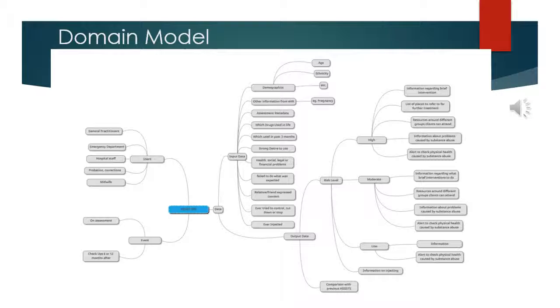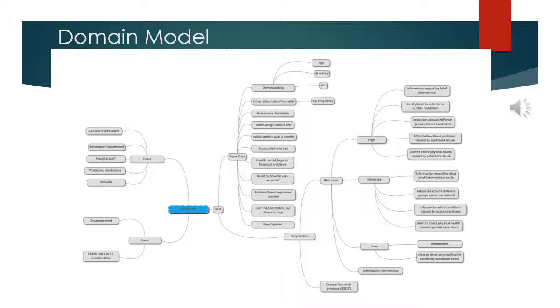and also information on the physical health problems that are often caused by substance abuse, and alerts for the physical health and them needing to be checked up. So moderate would give you information regarding brief interventions, resources around different groups in the community, information about the problems that substance abuse can cause, and the same alerts for physical health.